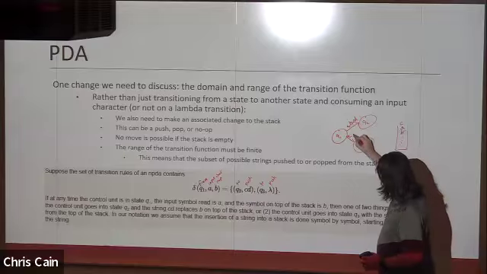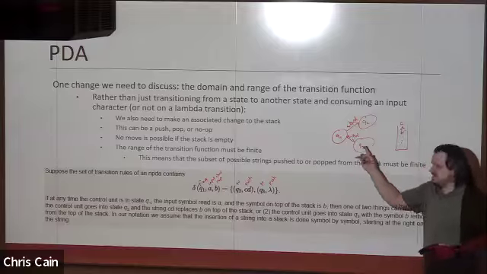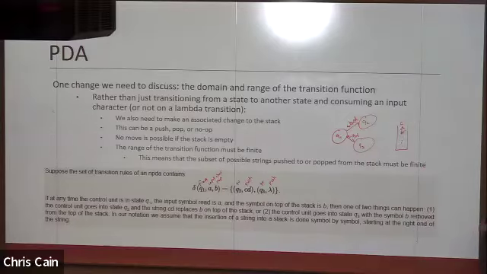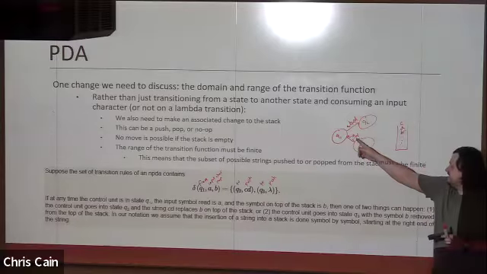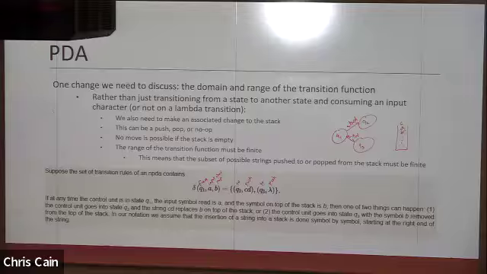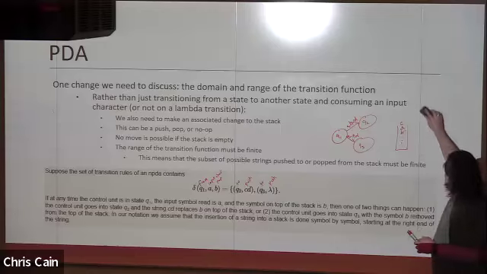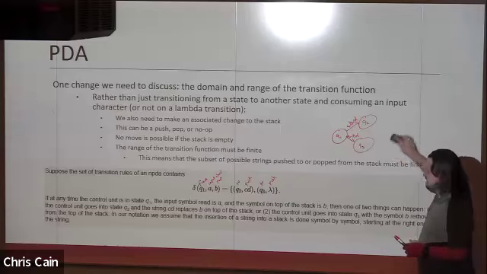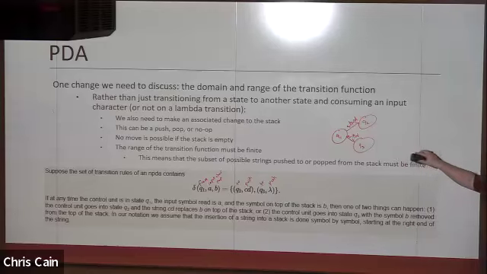The pop is still a B, and the push is now a lambda. This is saying that the entirety of this transition is popping the B, and this transition is replacing a B with a CD. So lots of notation. Before I erase that, any questions on the notation?